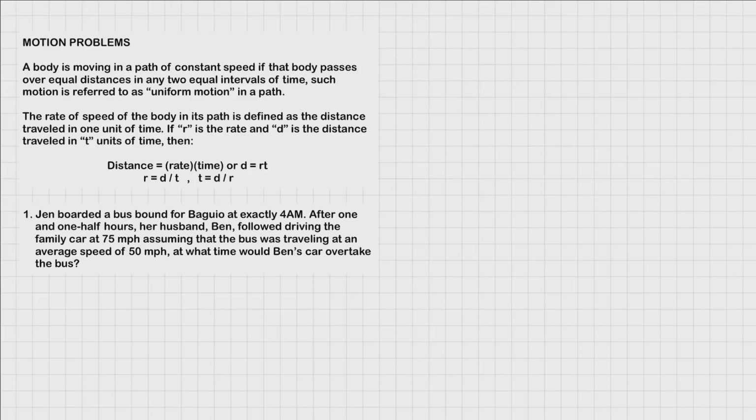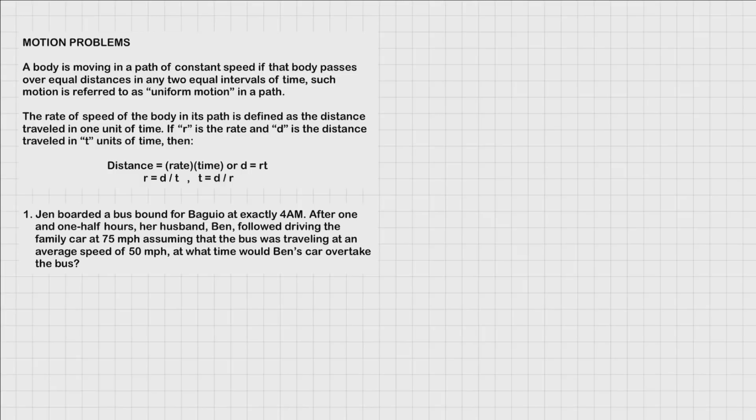Alright, so our next type of problem is motion problems. You could use algebra for this one, or your calculus from what we've taught in dynamics of rigid bodies. But basically, these are our concepts for motion problems.